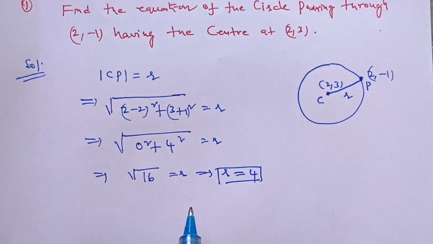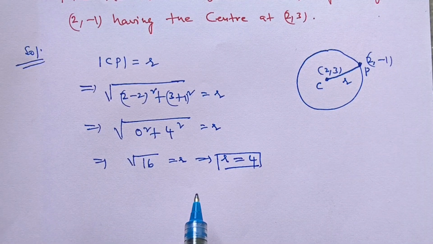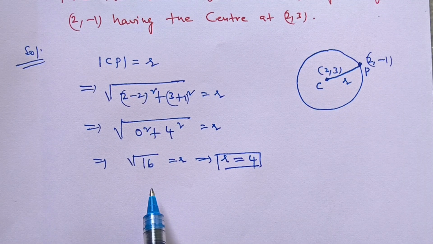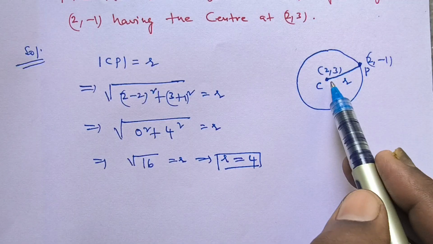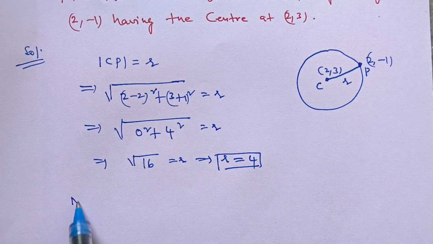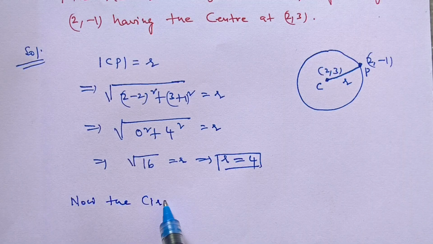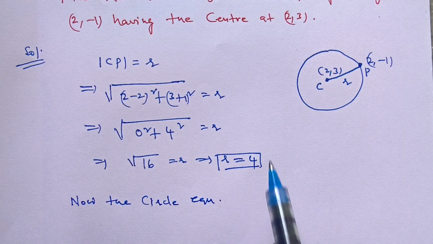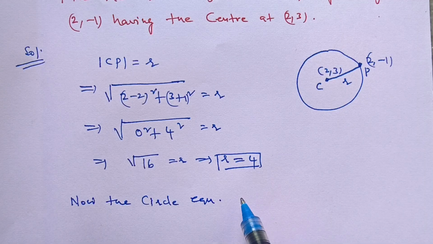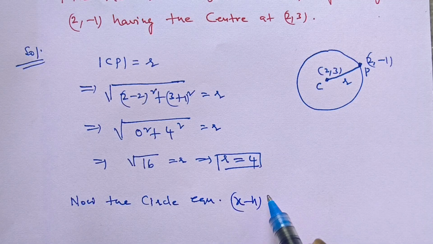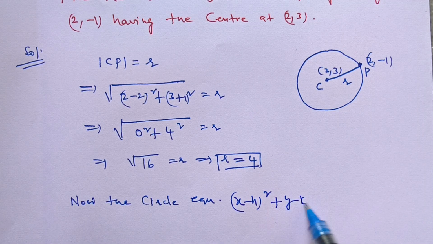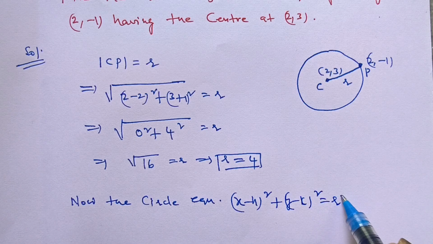So we have radius. Now already we have the center here also. Now the circle equation general form is (x minus h) whole square plus (y minus k) whole square is equals to R square.